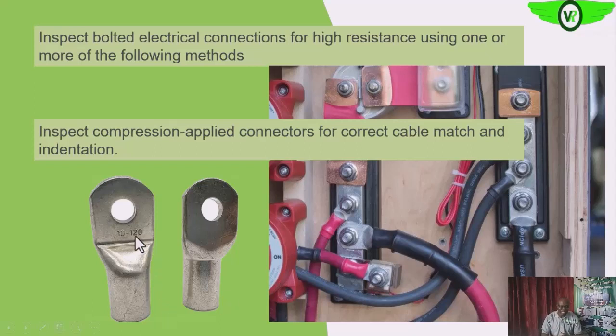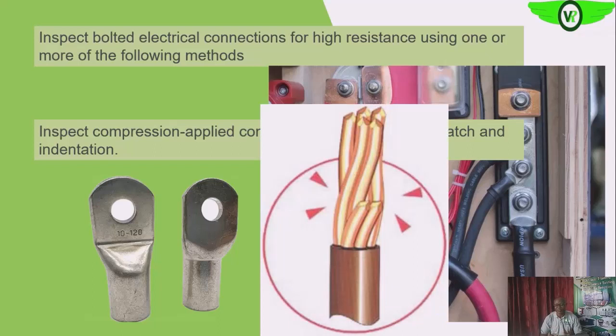So you want to look at the size. If it is 120 mm, that means the cable is 120 mm, okay? And you see the size marking there, be sure that it's the right size. Then if the lug is smaller than the cable, it means that the installer, if it's a new installation, may need to cut out some of the strands of the cable before fixing it into the lug.